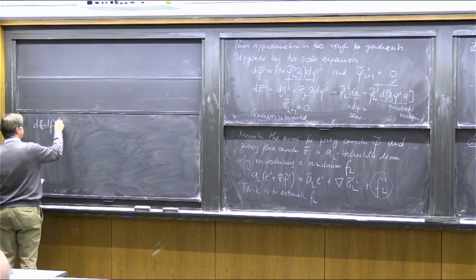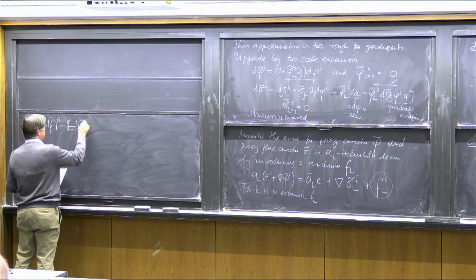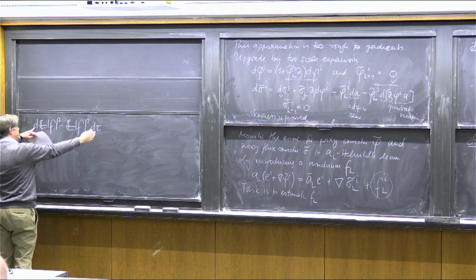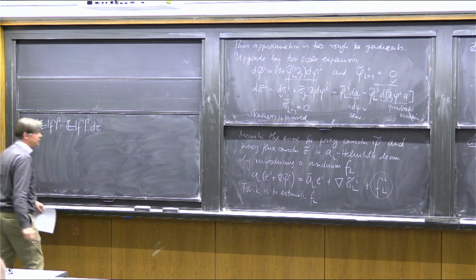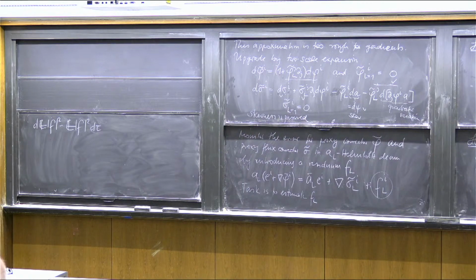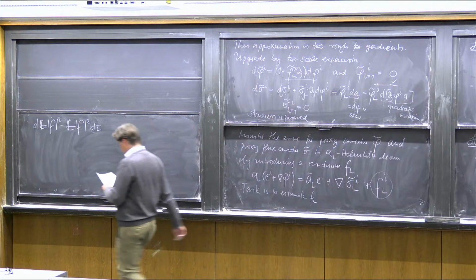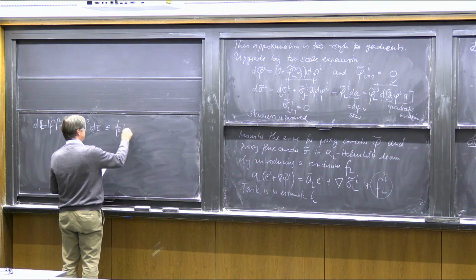When you equip yourself with these estimates, you can tackle the estimate for f. Again, you get this kind of linear term, which will eventually lead to an exponential growth in this tau variable, which is this doubly logarithmic variable in L. And the right-hand side is estimated.